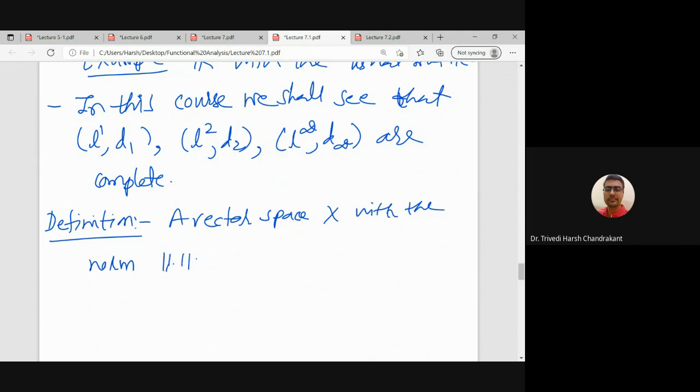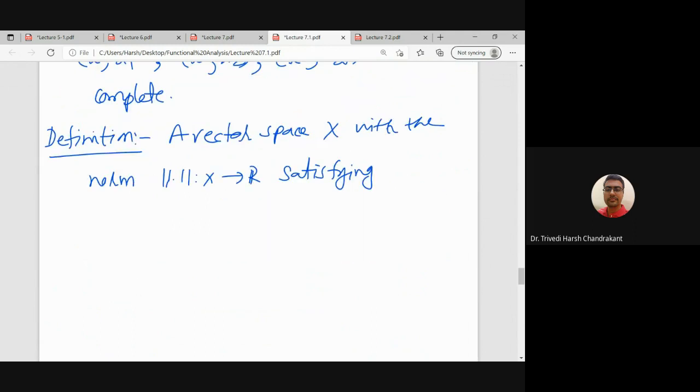So norm is a function from X to R satisfying the properties. First property is norm of every element should be non-negative, and norm is 0 if and only if x is the zero vector.